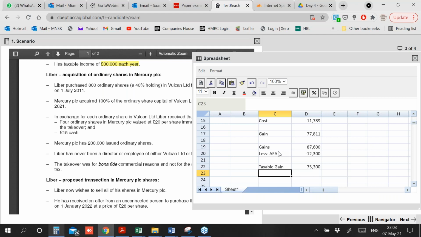So let's calculate her CGT liability. 7,500 will be taxed at 10%, that is 750, and the remaining is 75,300 minus 7,500, which is 67,800.